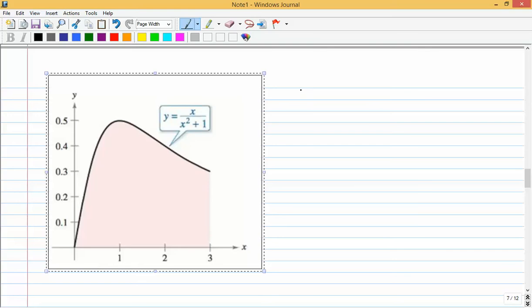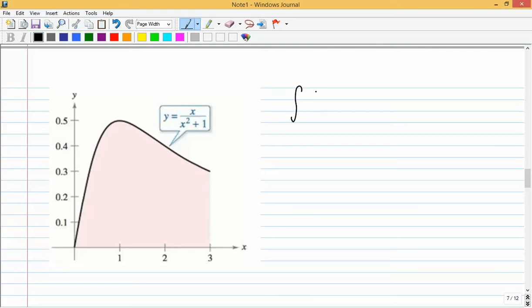So that would be the integral of x over x squared plus 1 dx. And if I want to know this area under the curve between x equals 0 and x equals 3, that makes this a definite integral. So this is the integral from 0 to 3.